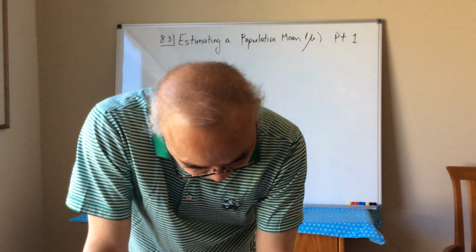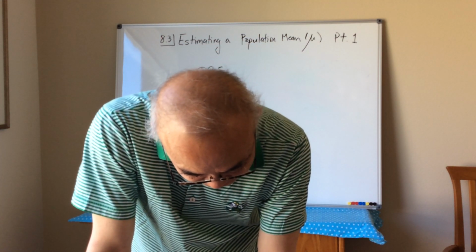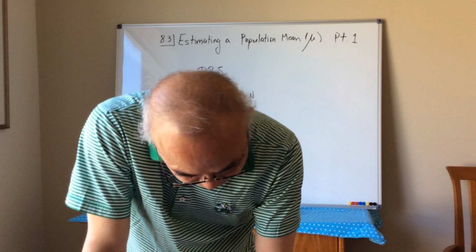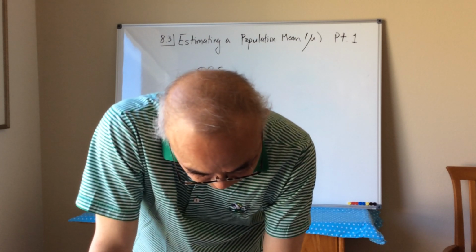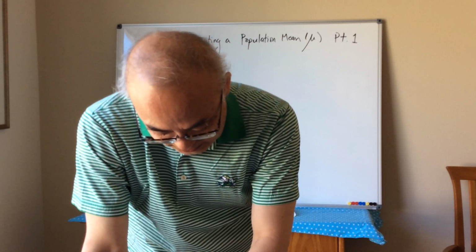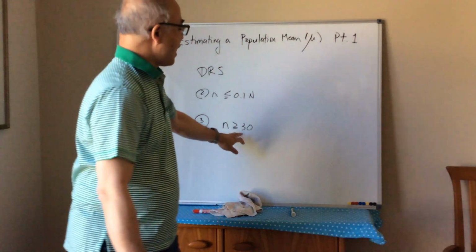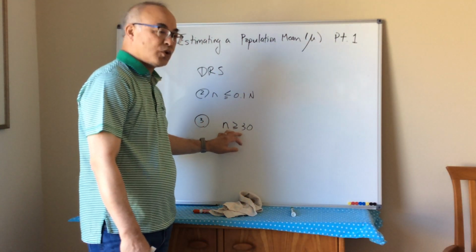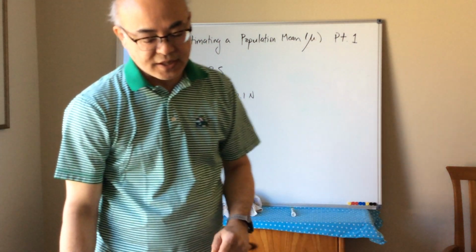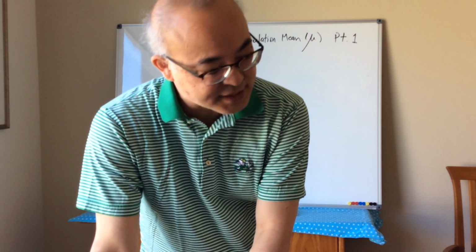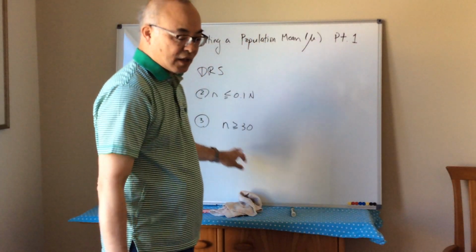So the answer is yes. B. How much force does it take to pull wood apart? The stem plot shows the force in pounds for each of 20 randomly selected pieces. Well, the random selection is good, but your n is not greater than 30, so you cannot use the estimate of the mean, because it does not satisfy the large counts here.